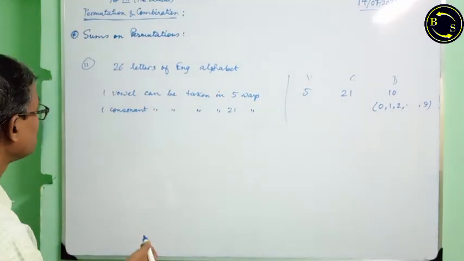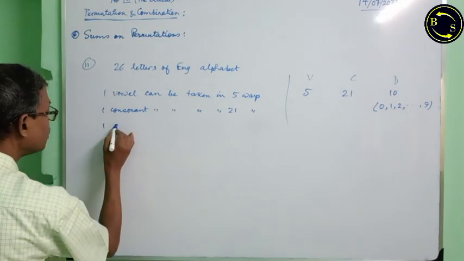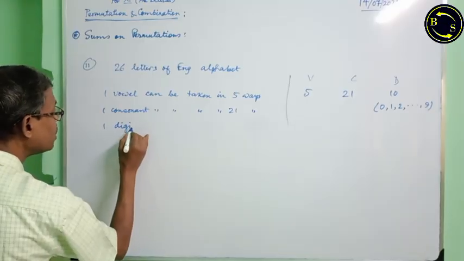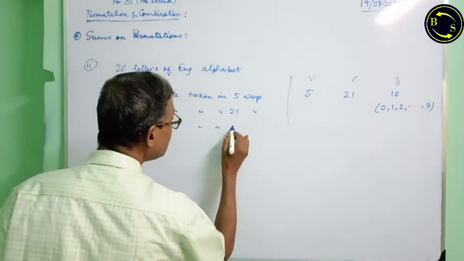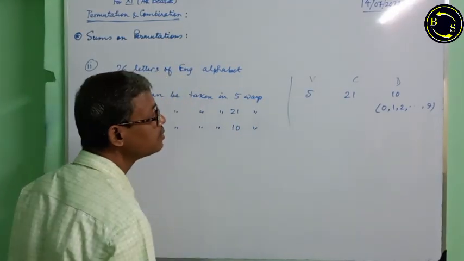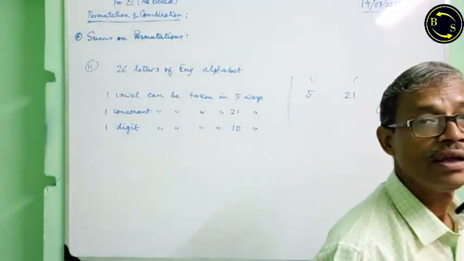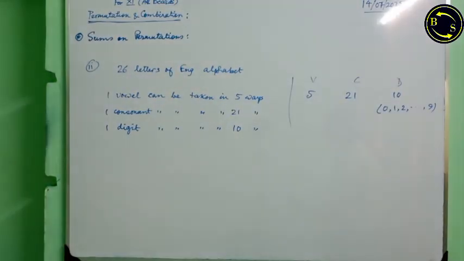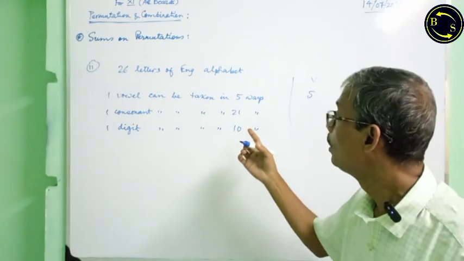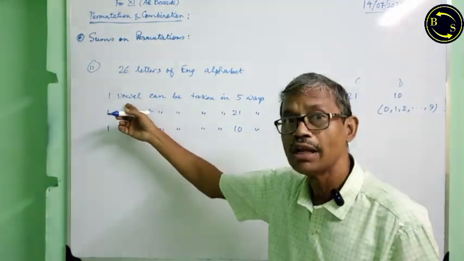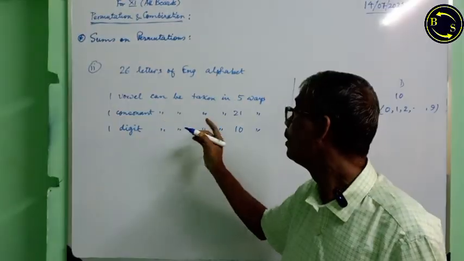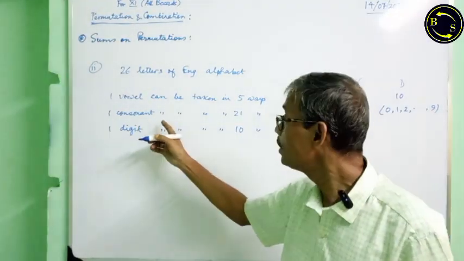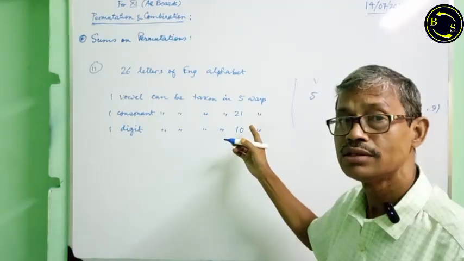Then a digit, one digit can be taken in 10 ways. Now for taking one vowel in one way, one consonant can be taken in 21 ways.